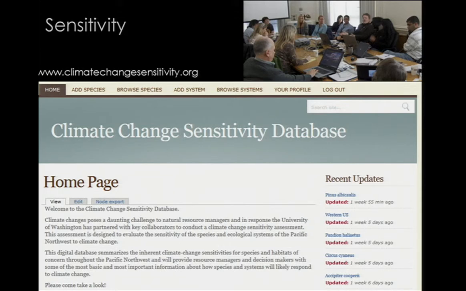This is a publicly available online database that the partners, the collaborators of this larger vulnerability assessment, decided we really needed as a central clearinghouse for information about species and ecosystems and their inherent sensitivity to climate change. We decided that this was one of the tools best suited for getting some of that information out there to other managers.